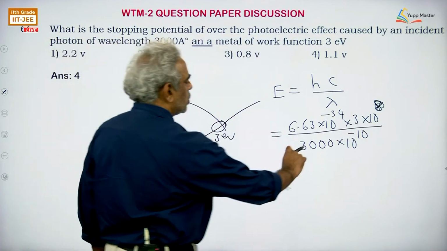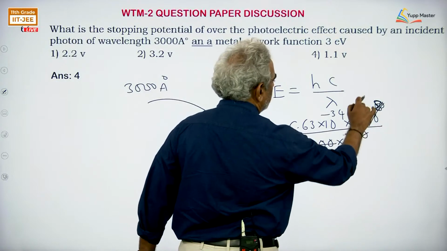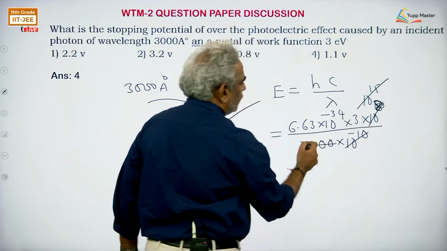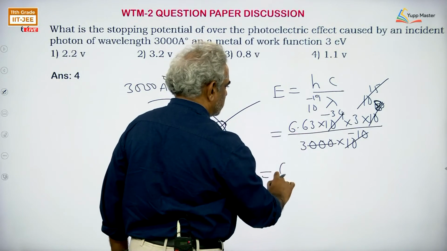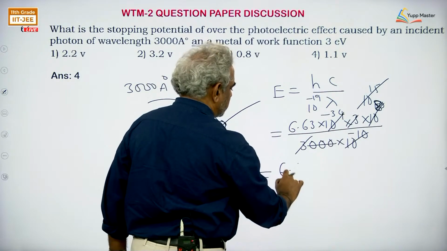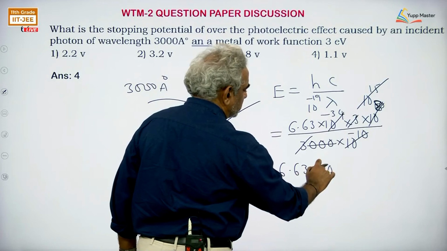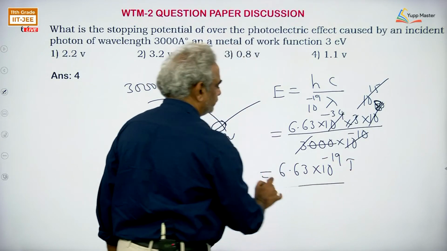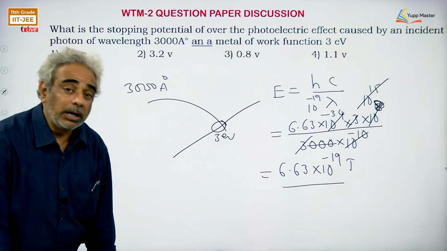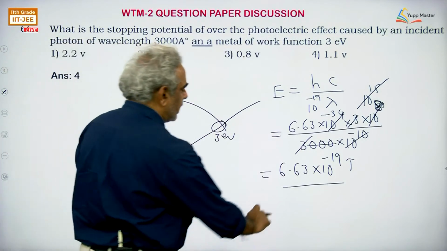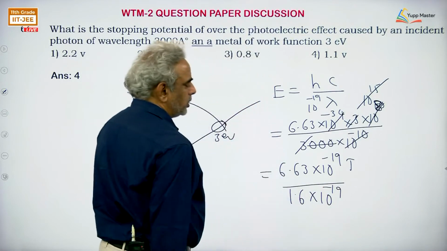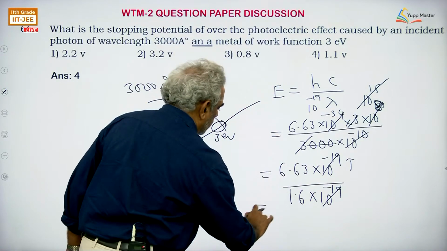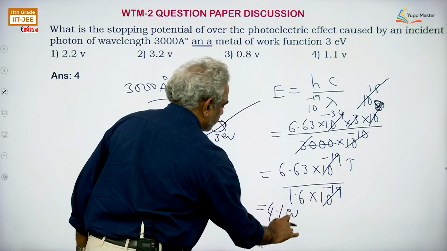So 3 zeros, this will give 10 power 15, and 10 power minus 34, gives 10 power minus 19. So 3 and 3 get cancelled: 6.63 into 10 power minus 19 joules. I want it in electron volts. How to convert? Divide by 1.6 into 10 power minus 19. So this and this get cancelled. I will get 4.1 electron volts.